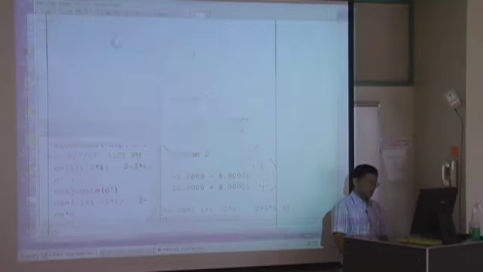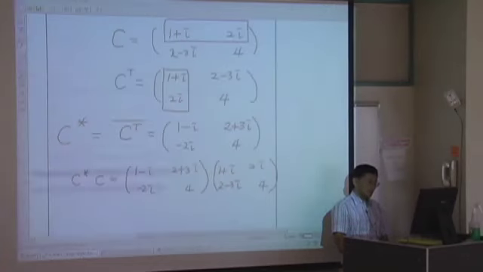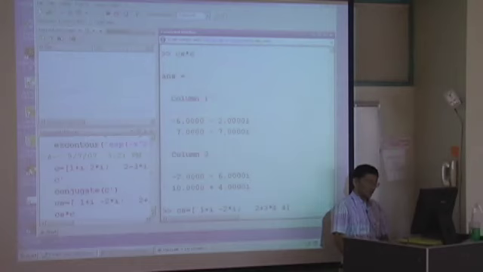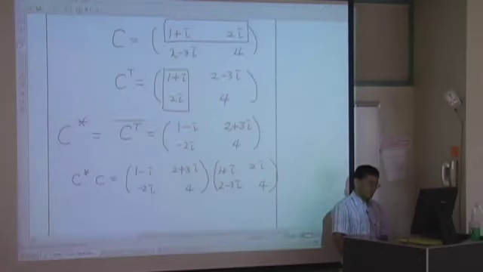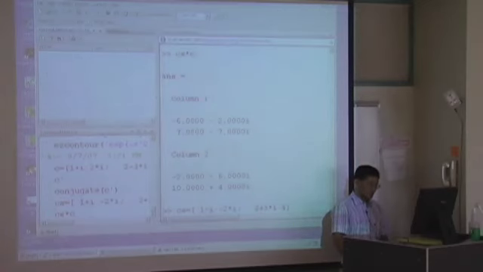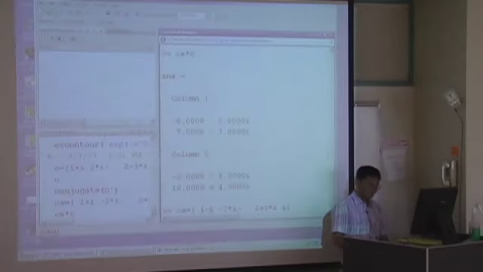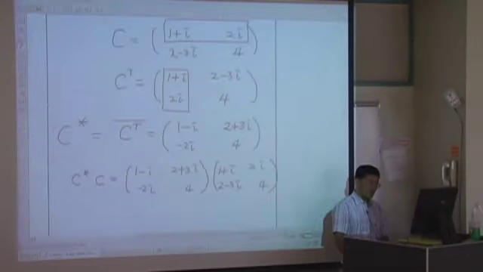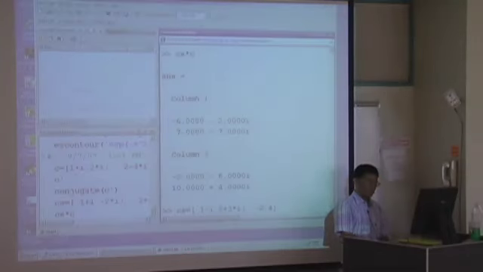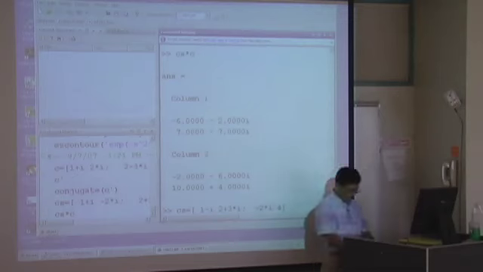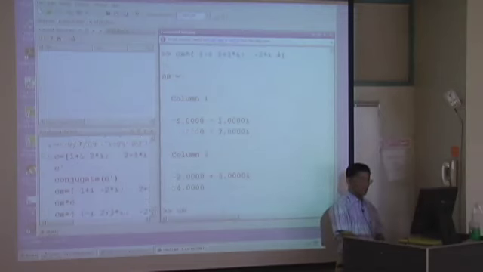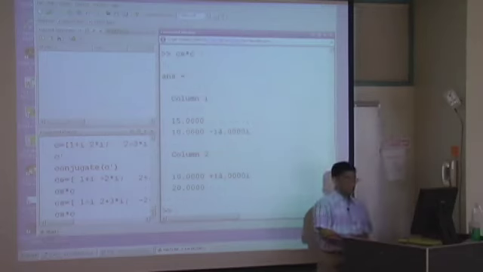Let's go back: 1 minus i, and these are wrong. I do not know why I did this. 2 plus 3i, then minus 2i and 4. So I correctly typed C star. Now let's do it one more time, C star multiplied by C. Still strange.